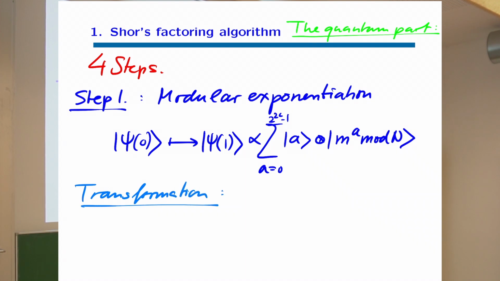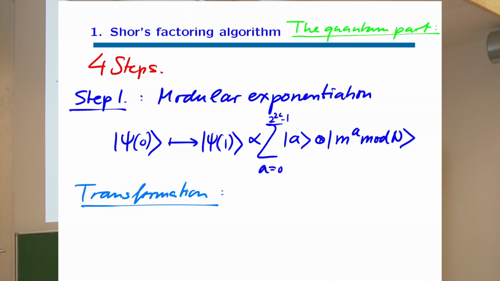Okay, so what I didn't say is how we actually did that. Yeah? How we actually got from there. So the least thing we have to show is that there is a unitary transformation that does this for us. And then we also have to show that this is computationally efficient.